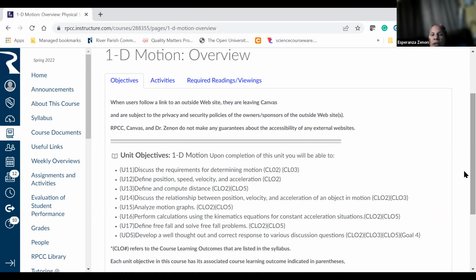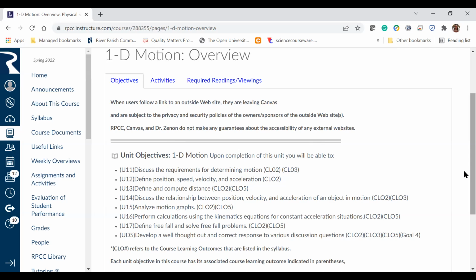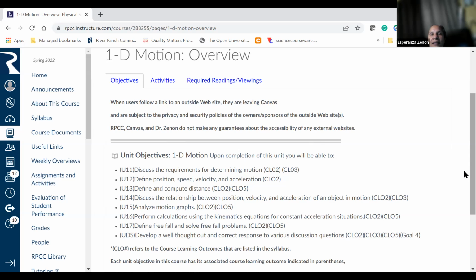And in particular, we'll be looking at the difference between a property called displacement and the property distance. Remember, in this class, the things that we measure, we give them the label properties or quantities, things that can be measured. We can measure the position, we can measure the speed, we can measure the velocity of our moving object as a way of describing its motion.